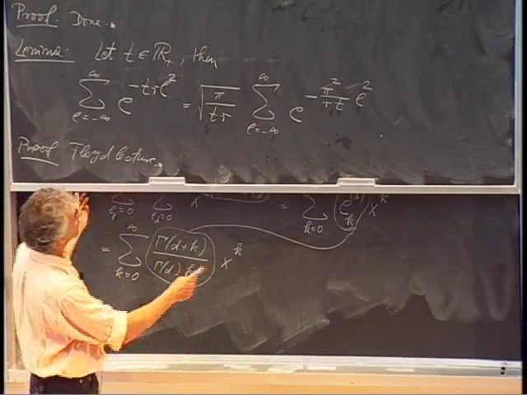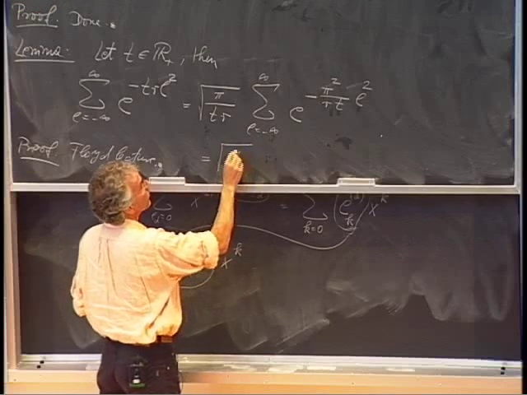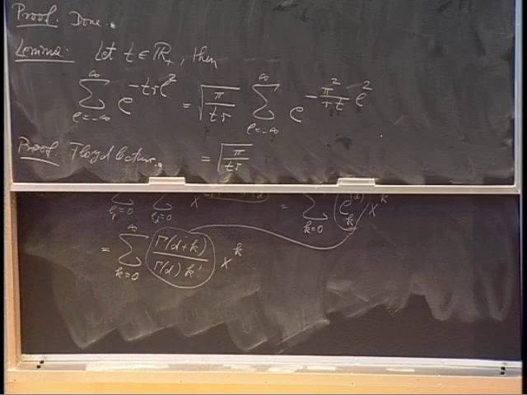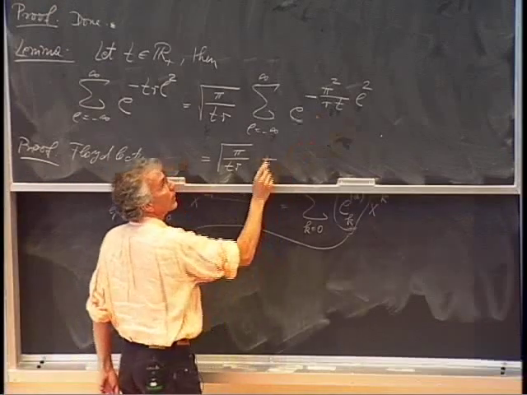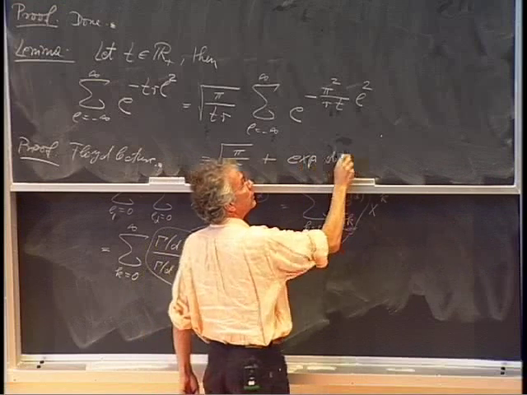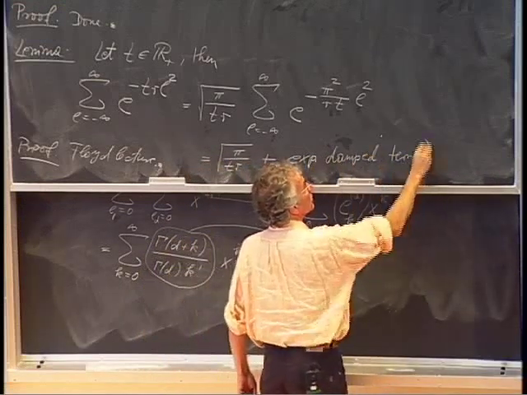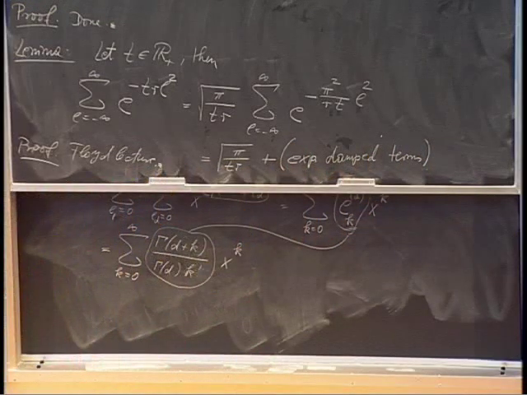So if we write that here, just symbolically, L equals 0 gives this contribution, because we have e to the 0, and then the other L terms give exponentially damped contributions. Okay?